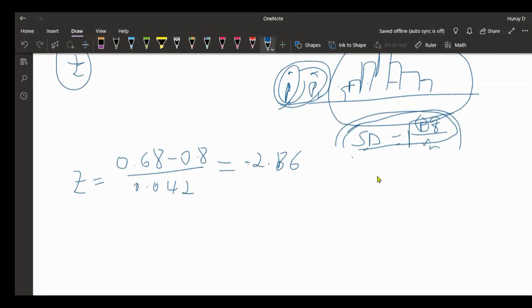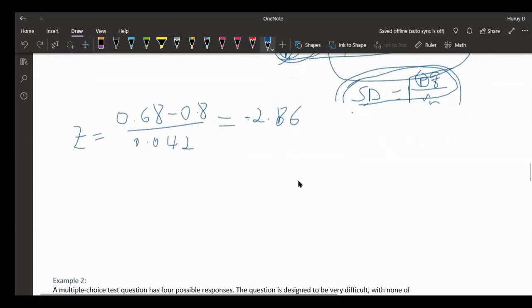Okay, now the question is, what does this mean? What does this z value mean to us now?